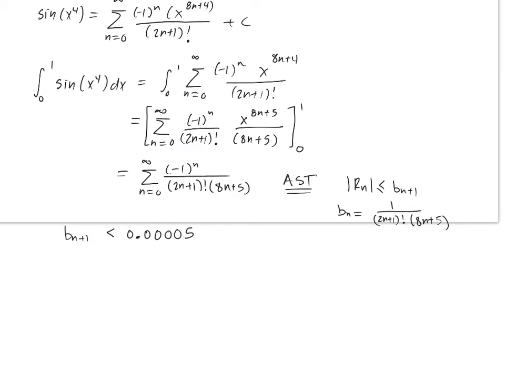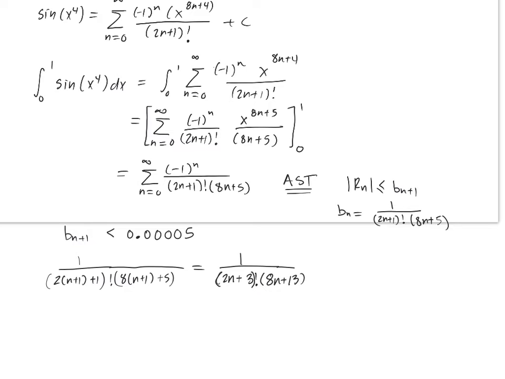So it says 1 over 2 parenthesis n plus 1 factorial times 8 parenthesis n plus 1 plus 5, which simplifies to 2n plus 3 factorial, good, times 8n plus 13. You want that to be less than 0.00005.